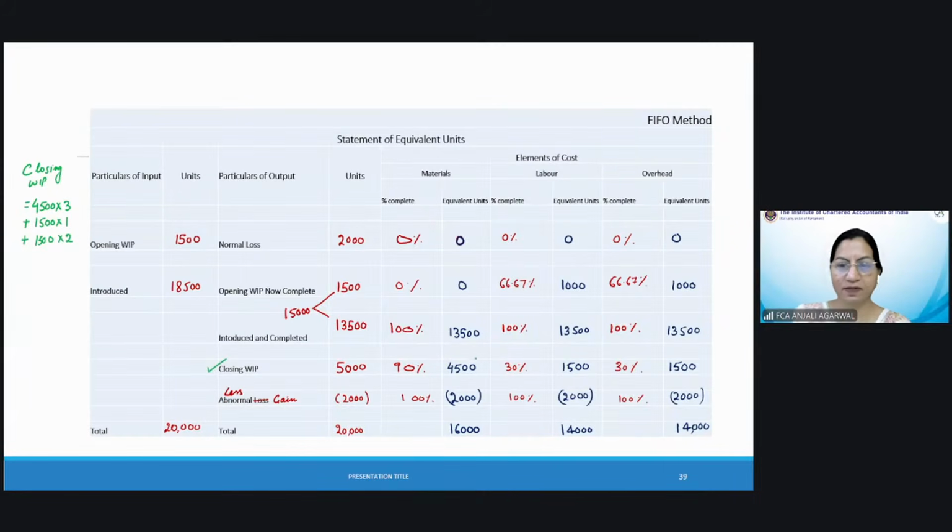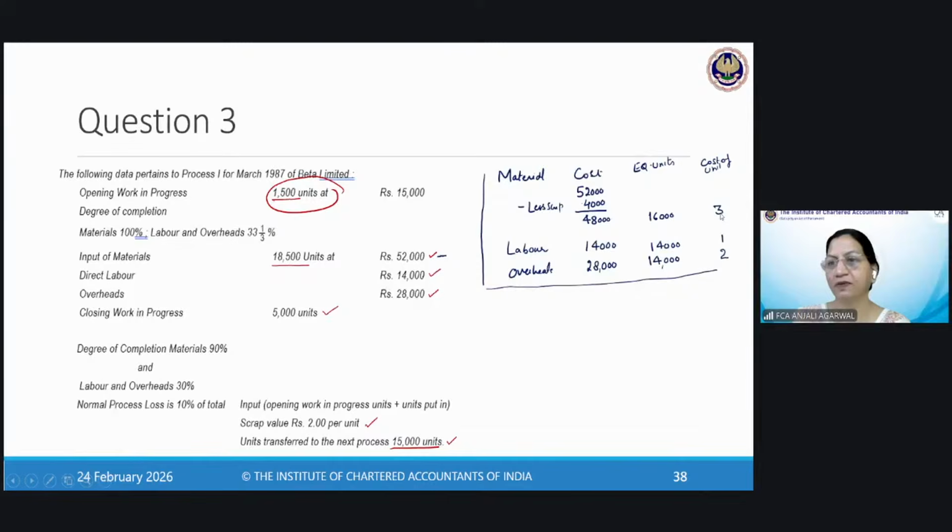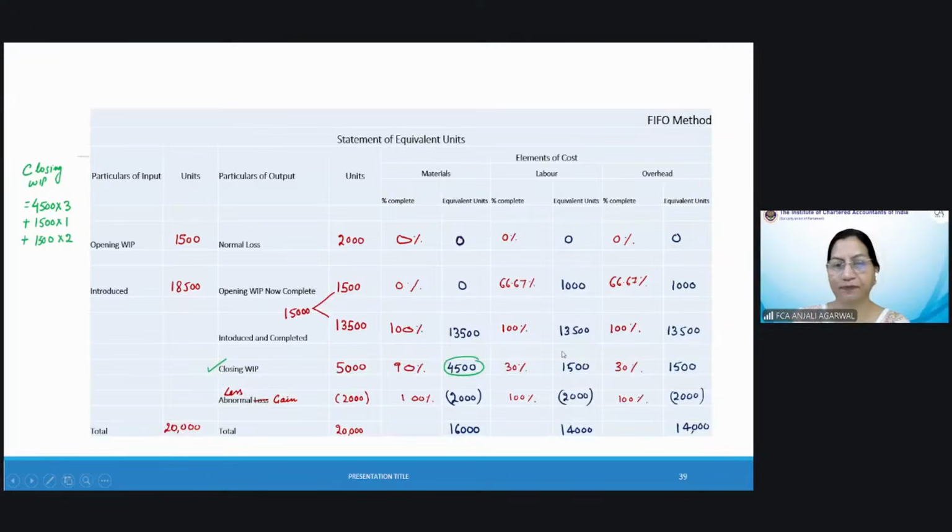Simply pick up 4,500 from here and the rate from here, 3 rupee per unit. So 4,500 into 3 plus 1,500 into 1 plus 1,500 into 2. So it will cost you 13,500 plus 1,500 plus 3,000. So closing WIP will appear in the process account as 18,000 rupees.